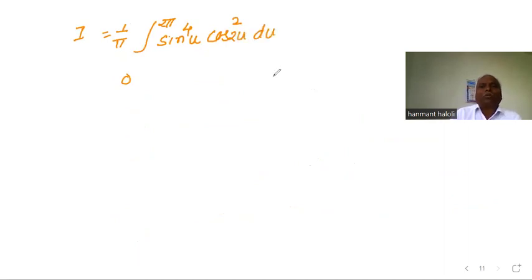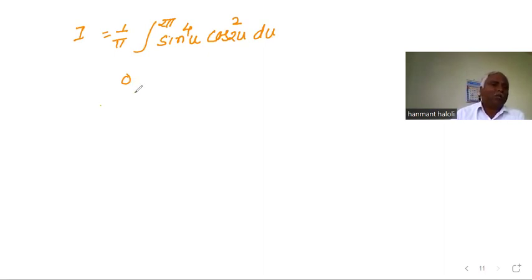Now sin(2π plus θ) is again sin θ, and sin(4π plus θ) is again sin θ. That's why sin of (4π plus u) is the same as sin u, and cos of (4π plus u) is again cos u itself. Both are in the first quadrant, where all are positive, so there is no change in the limits.